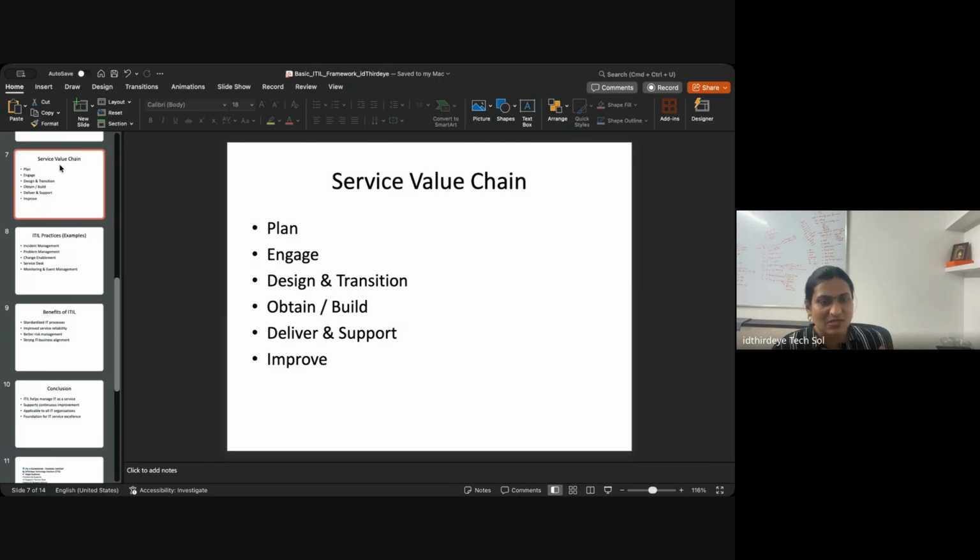I don't have to sit and do everything. I'll do an outsourcing. There is a team who will build a turf, and you will have to just pay for them. So it can be either designed and executed by you, or you can only do the design and outsource it in order for them to build it. So design and transition, or you can do the design and build by yourself.